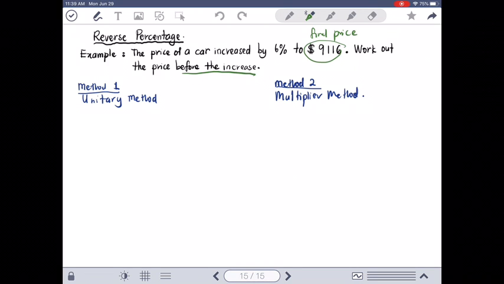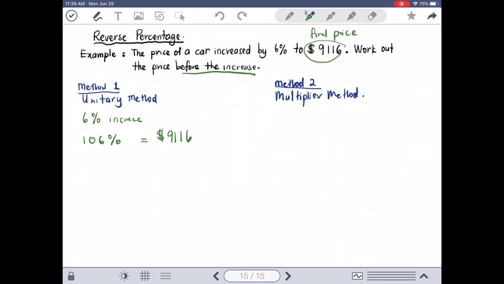If you look at the unitary method, we know that 6% increase indicates that 106% is corresponding to $9,116.